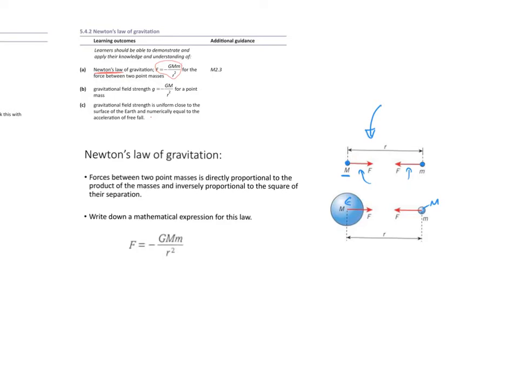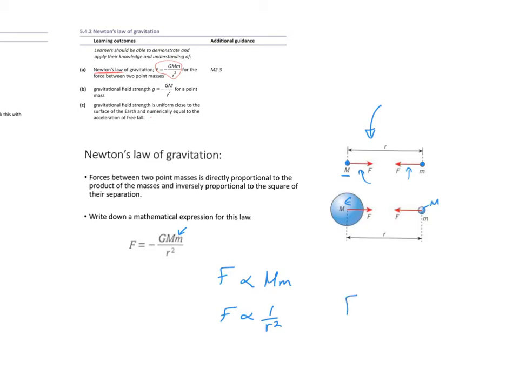Now the law, the actual law. Newton discovered that the force between 2 point masses is directly proportional to the product of their masses. So what you see here, the product is by multiplying them, capital M and lowercase m, but it's inversely proportional to the square of their separation.